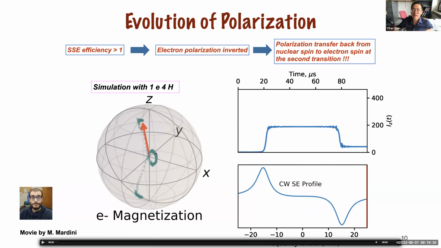Then you further adiabatically rotate your electron spin polarization towards the second matching condition. At the second matching condition, your electron polarization has already become anti-parallel to your effective field, so you have a negative electron polarization here.